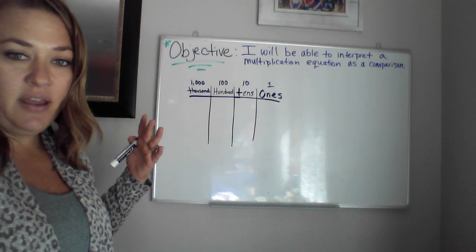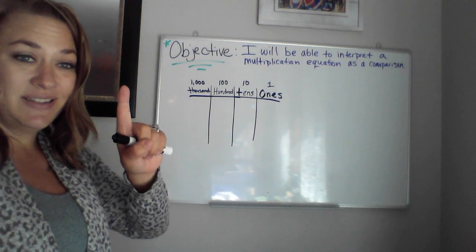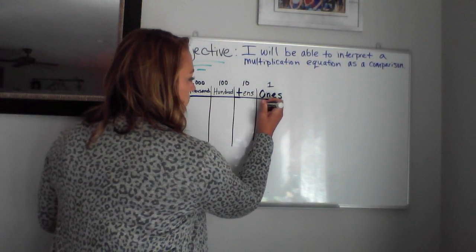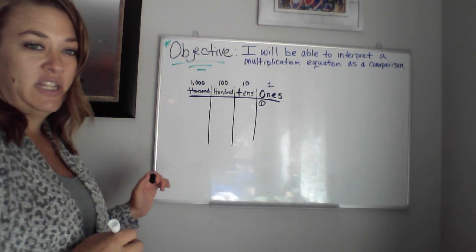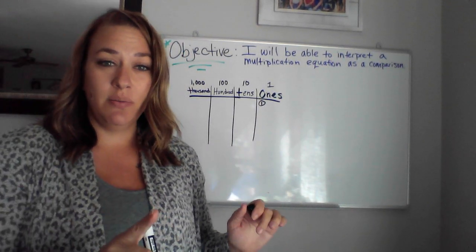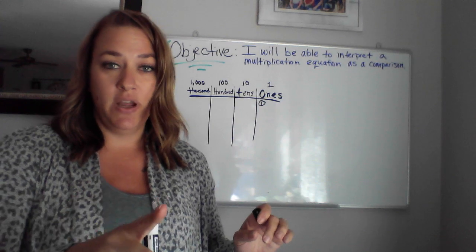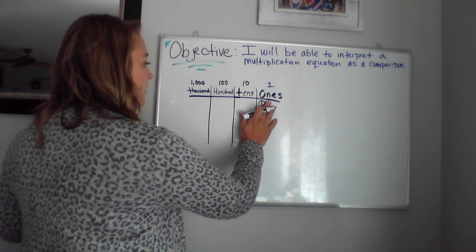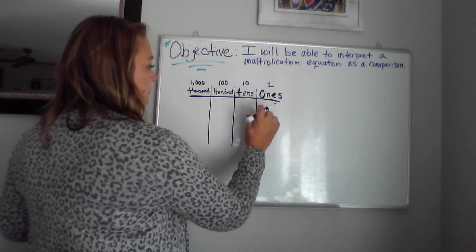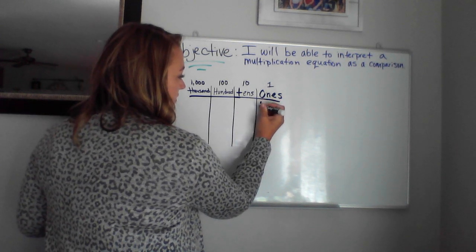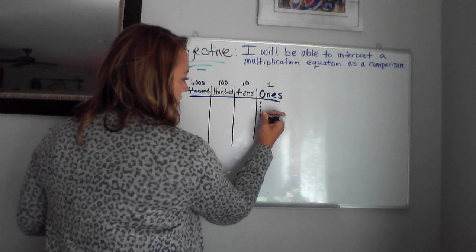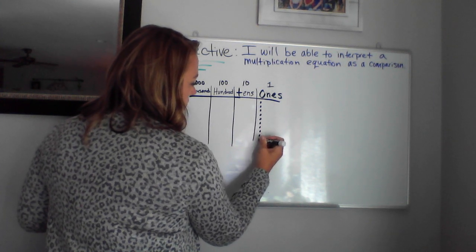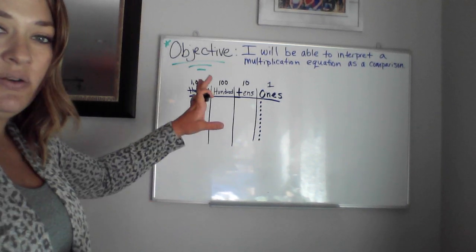So if I have 1 unit in my ones place, so that would look like this. That's 1 unit. So if I have 1 unit in my ones place, that means I have 1 one, okay? But if I have 10 ones, and it looks like this, so there's my 10 ones.